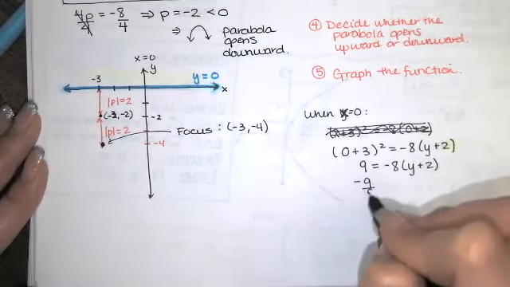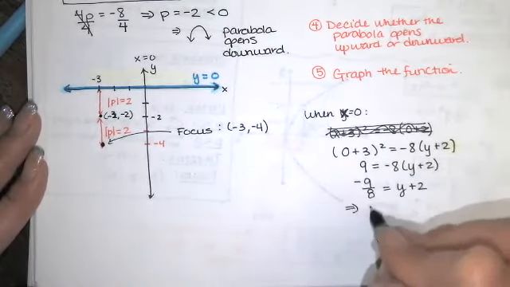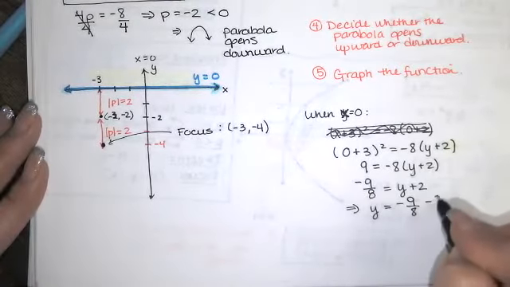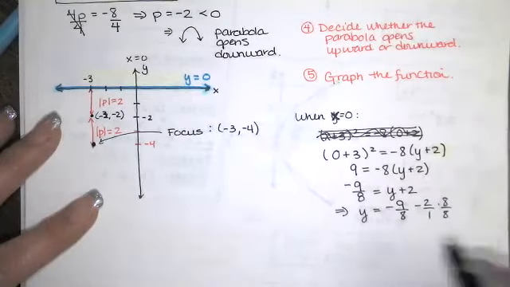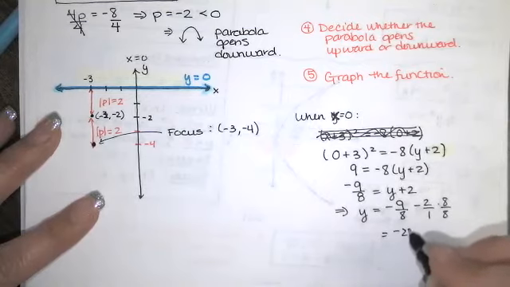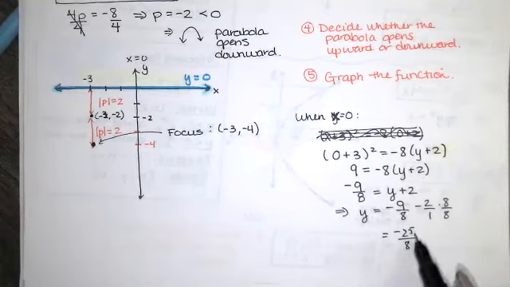So we have negative 9 over 8 equals y plus 2. And if I solve for y, I get y equals negative 9 over 8 minus 2. You can get a common denominator if you want to. Negative 16 minus 9 is negative 25 over 8. This is negative 3 and 1/8.